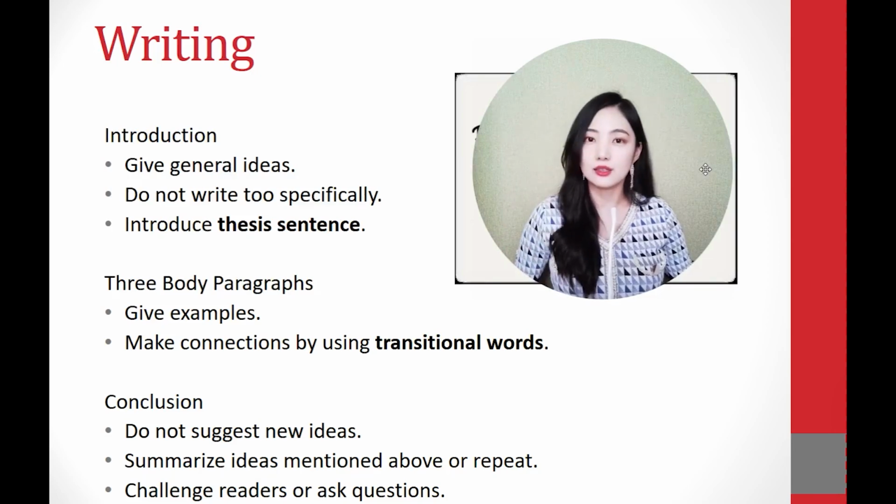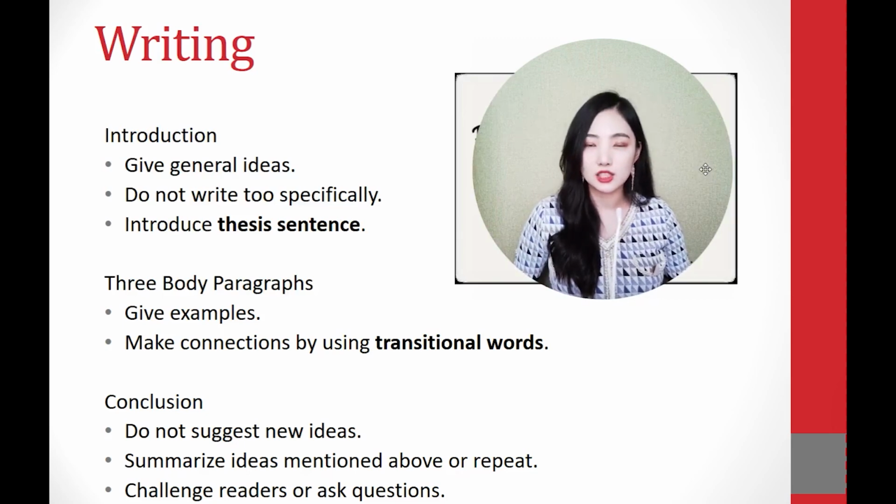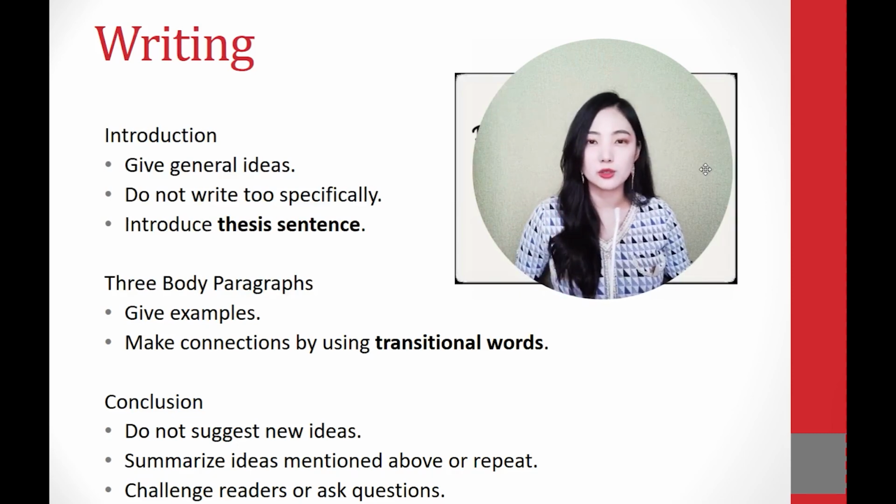Last one is conclusion. So conclusion, like I mentioned before briefly, do not suggest a new idea. Summarize ideas that are mentioned above in earlier paragraphs. So you can repeat. You can also restate. Restate means repeating. But when you restate, you write in different words.